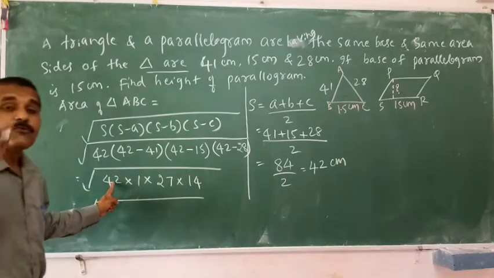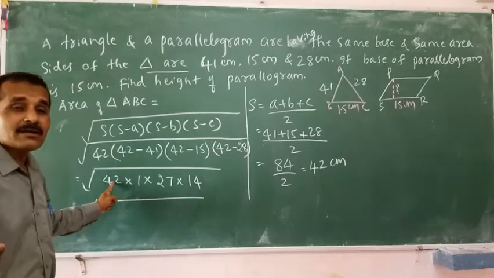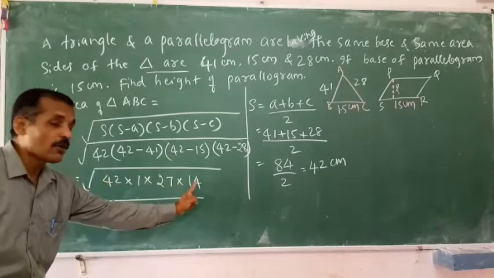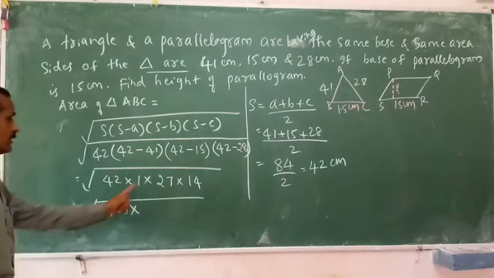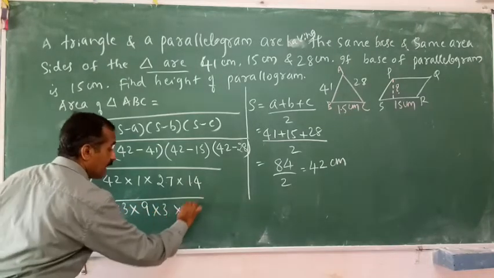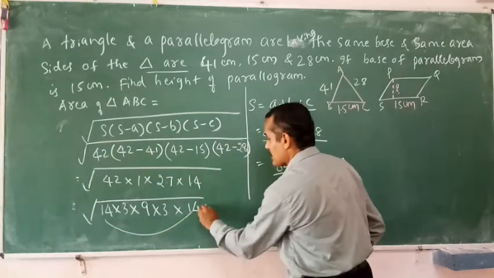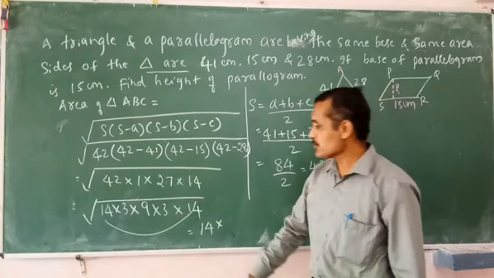42 I will write as 14 threes, because 14 is already here. 27 I will write as 9 threes. 14 I will keep as it is. What happens? Two 14s are there, so 14 will come out of the square root.